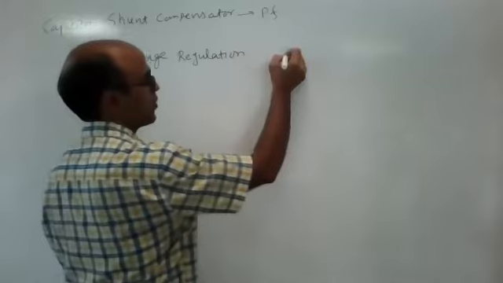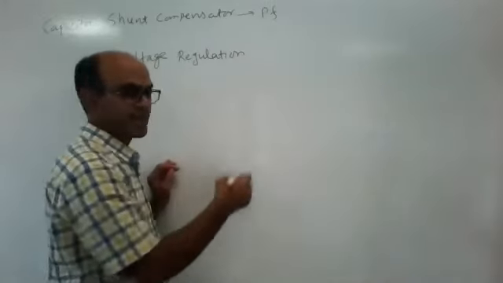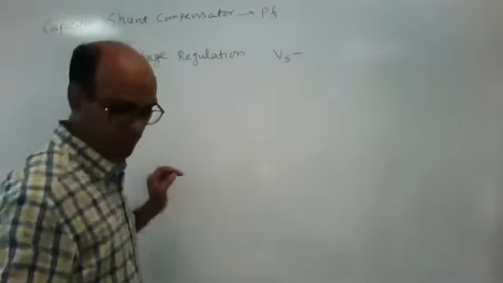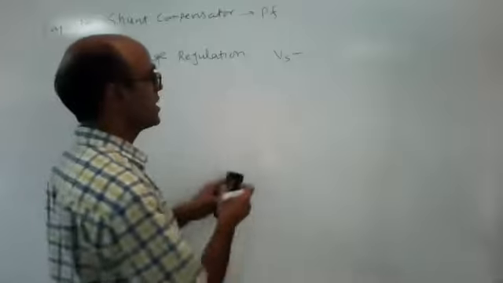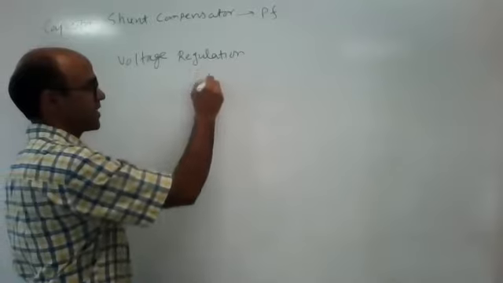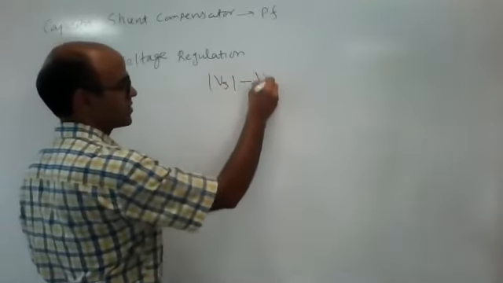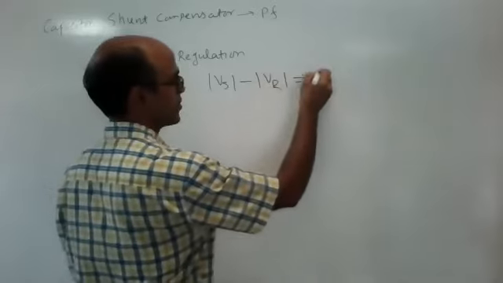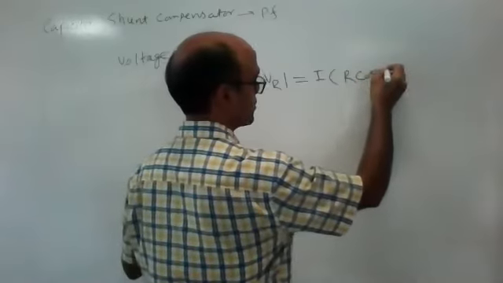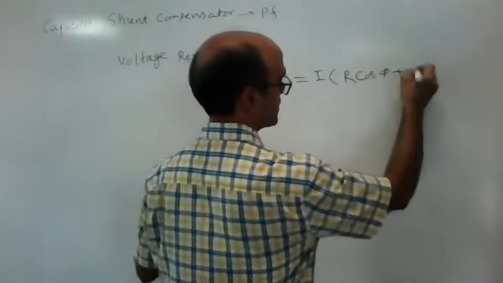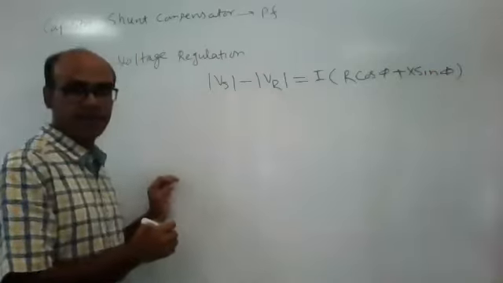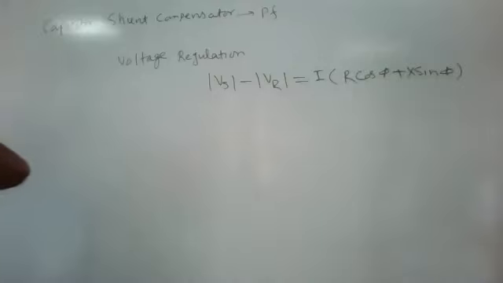Very easy. Voltage regulation is the change in voltage at the receiving end. So Vs, the sending-end voltage, minus Vr; at no load the voltage is Vs. I am writing this expression for a short transmission line: Vs minus Vr equals I times (R cos phi plus X sin phi), where phi is the power factor angle of the load.